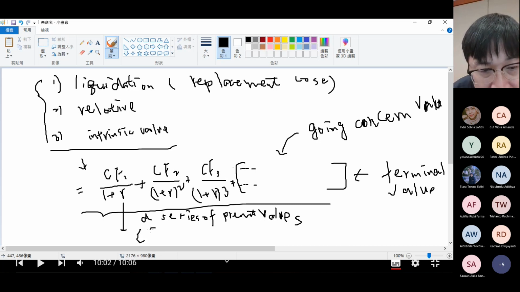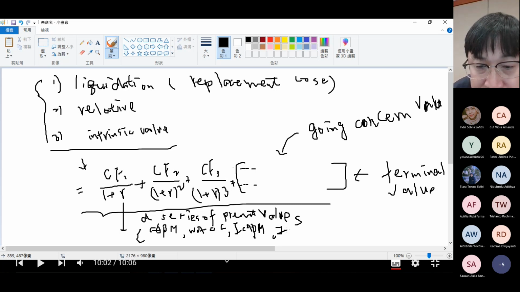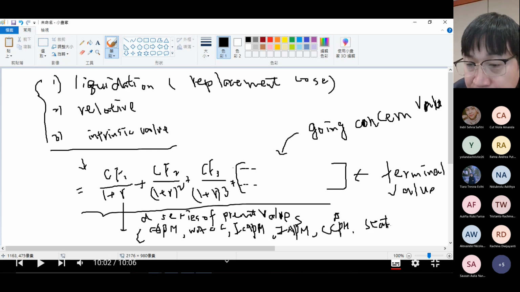So you can use the CAPM, WACC, ICAPM, IAPM, CCAPM, state price, contingent claim.